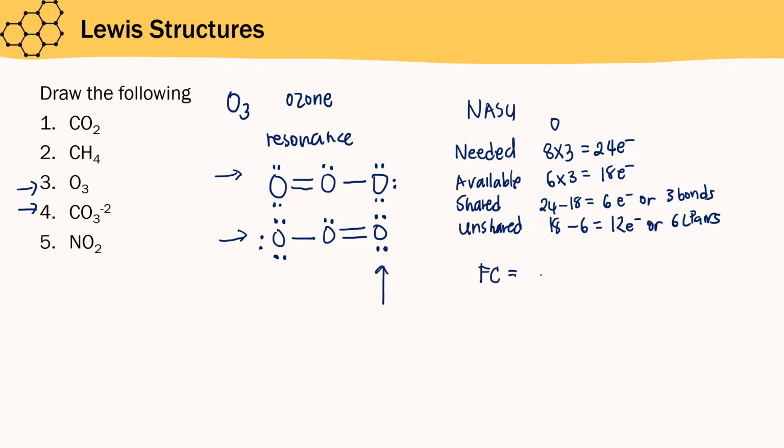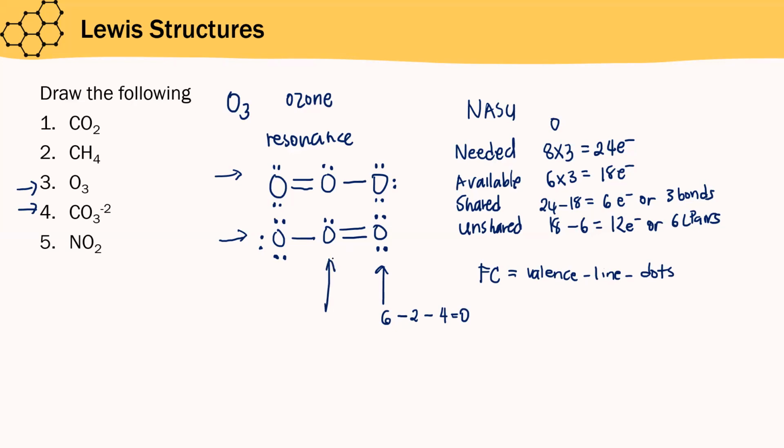Formal charge equals valence minus line minus dots around the atom. So ano yung valence ng oxygen? 6. How many lines do you see around this oxygen? 2. How many dots are around this oxygen? 4. So 0 ang formal charge.